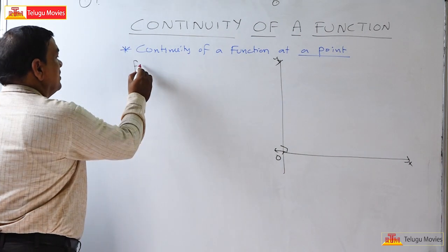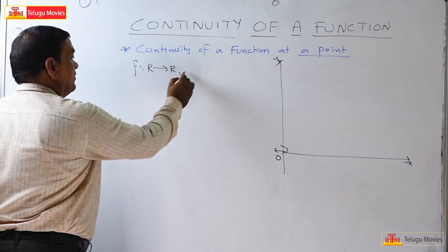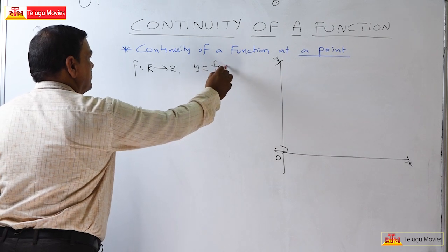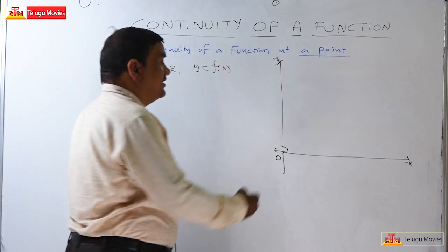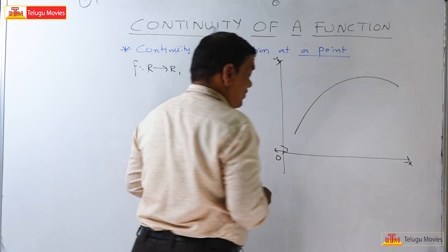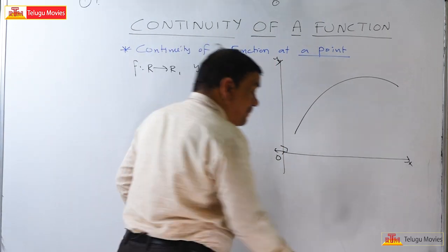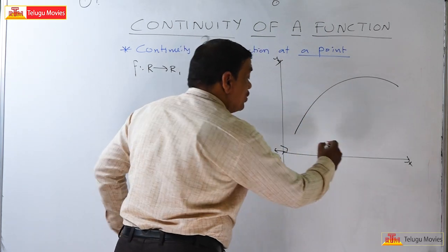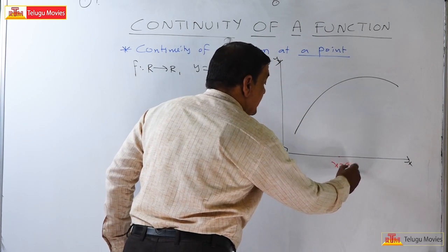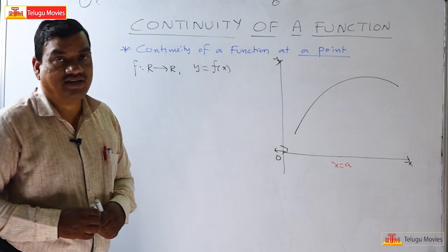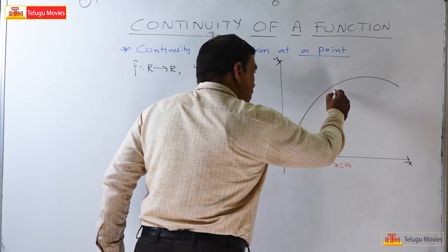Let there be a function f from R to R, defined as y is equal to any curve. Let this be a curve. We want to check at x is equal to a.